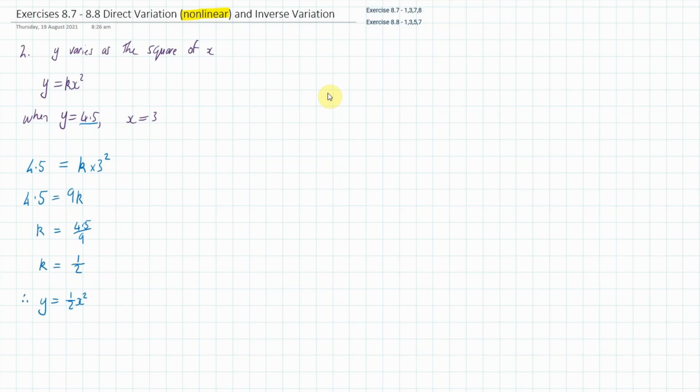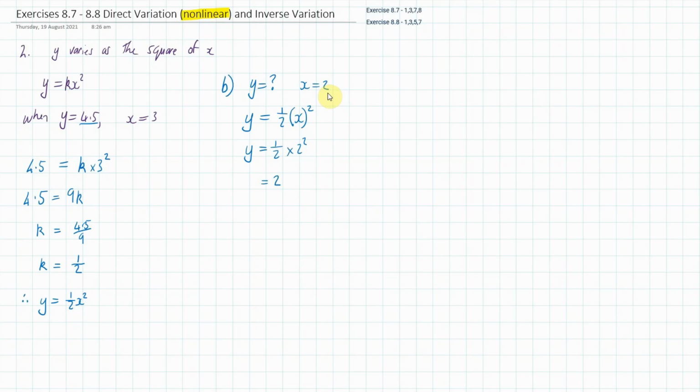Now part B is find the value of y. So we want to know y is equal to what when x is equal to 2. We plug in our values: y is equal to 1/2 times 2 squared. 2 squared is 4, half of 4 is 2, so y is equal to 2.